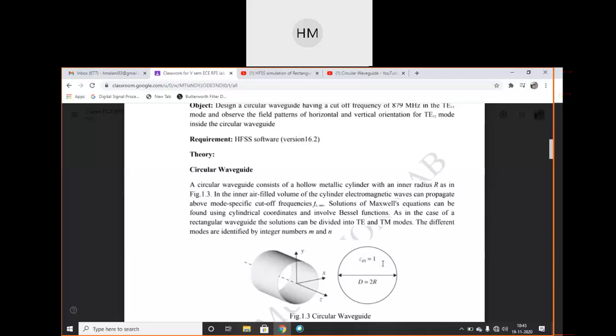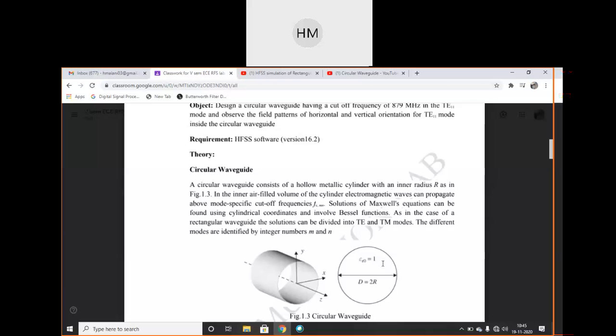Solutions of Maxwell's equations can be found using the cylindrical coordinate system. You have studied electromagnetic field theory. There you have studied Maxwell's equations for both Cartesian coordinate and cylindrical coordinate systems. So here we have to use all the Bessel functions and cylindrical coordinate system functions to find how the wave propagates in the circular waveguide.